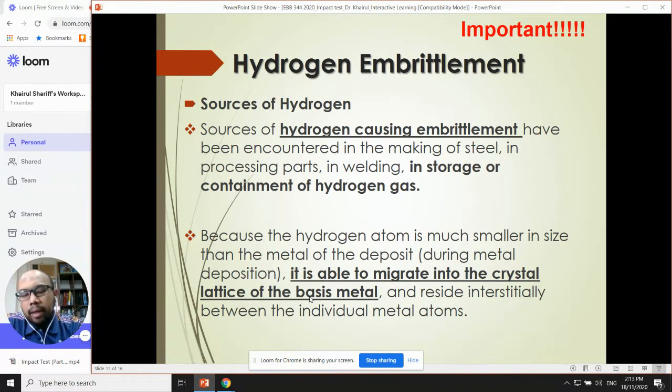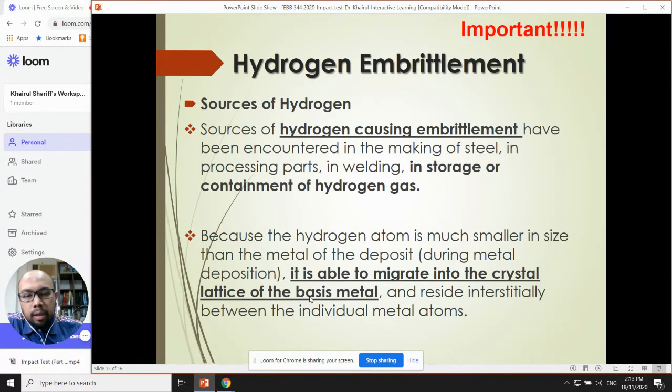Okay, in a simple way, where can we get this hydrogen presence? Because this hydrogen easily attacks and penetrates inside the metal. This hydrogen embrittlement might affect your metal performance as well.